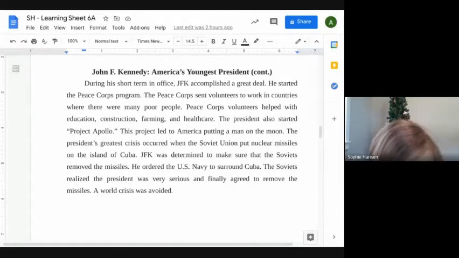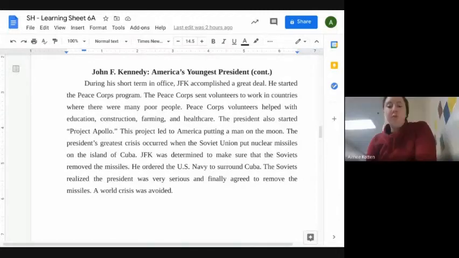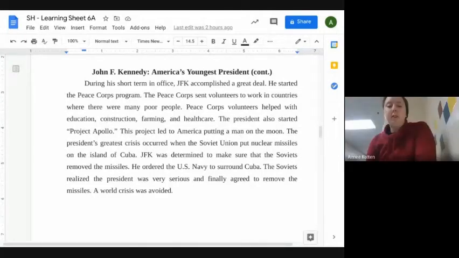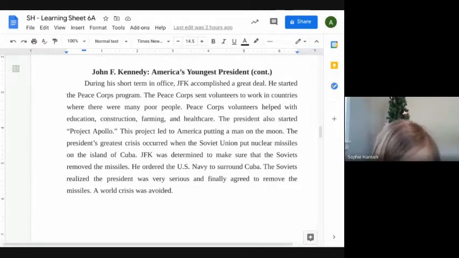JFK was determined to make sure that the Soviets moved the missiles. He ordered the U.S. Navy to surround Cuba.